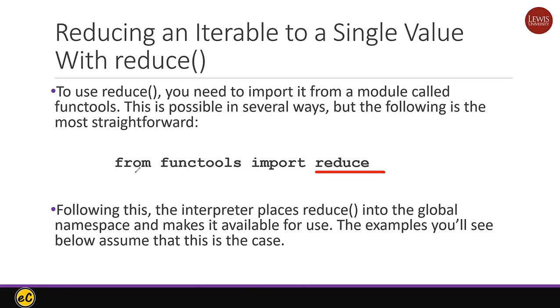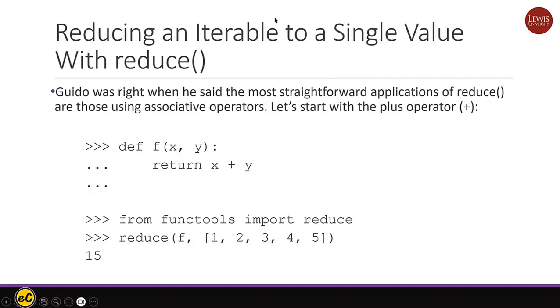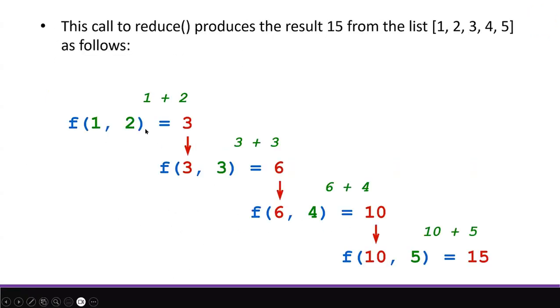So you need to do from functools import reduce. Okay. So here you have a plus sign, and then you can apply the plus sign to every data, okay, one by one. So you will work like this, okay.